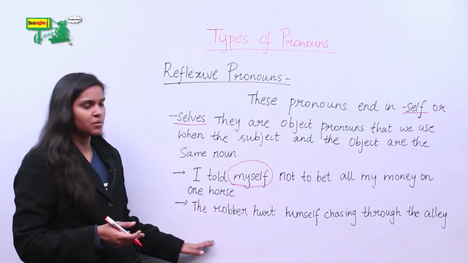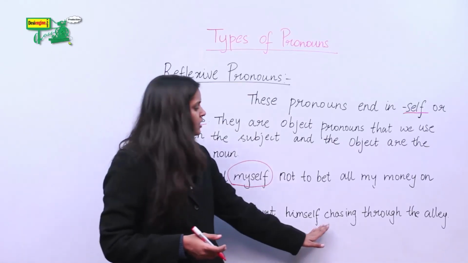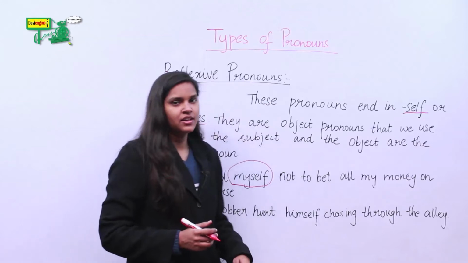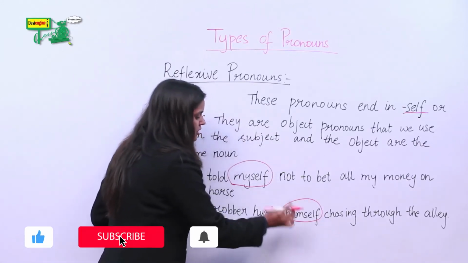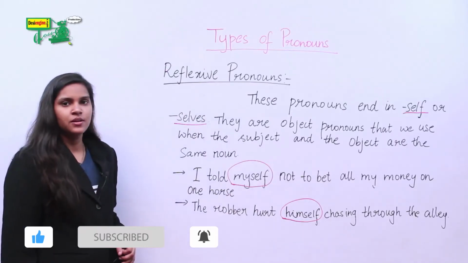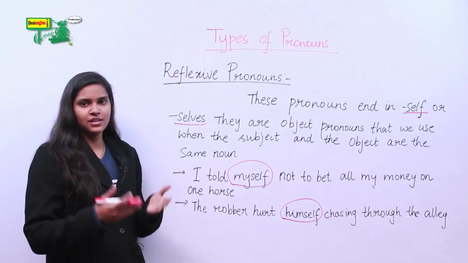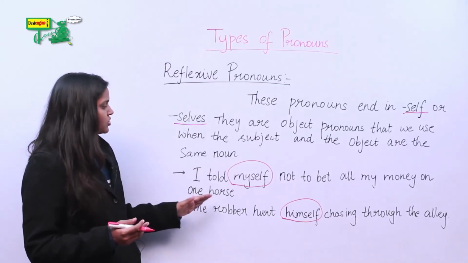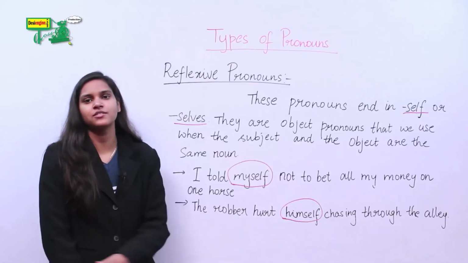Let's take another example. The robber hurt himself chasing through the alley. Here, our reflexive pronoun is himself, because here again the subject and the object are the same noun. So, himself is a reflexive pronoun.